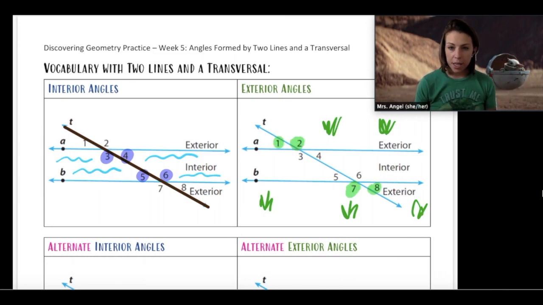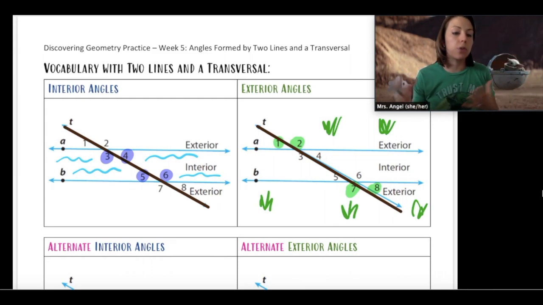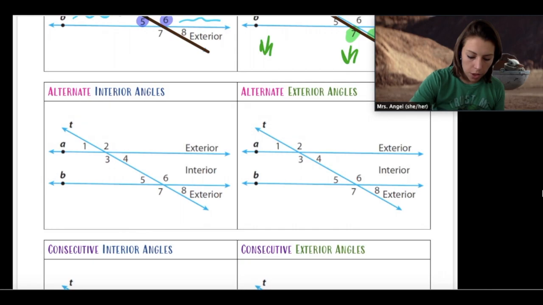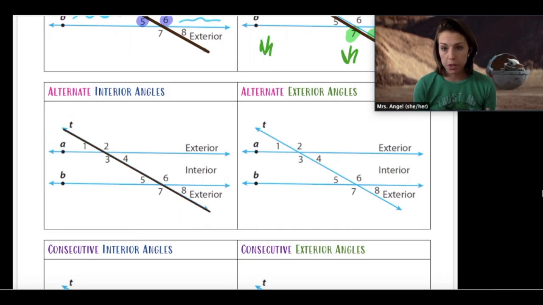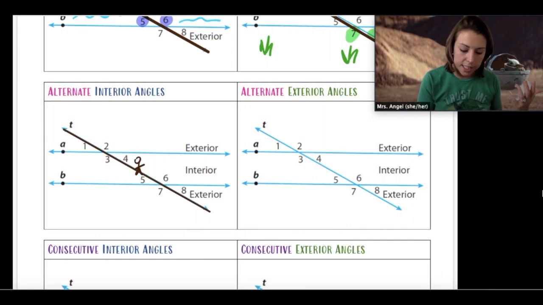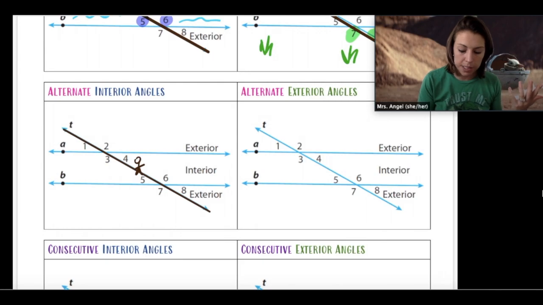But in this lesson, we're going to pay very close attention to this bridge, this transversal, and specifically the pairs of angles that are formed around that bridge. The first angle pairs we're looking at are called alternate interior angles. We're going to look really closely at this transversal, this bridge that we're standing on. When we're looking at these types of angles, now we're getting very specific.